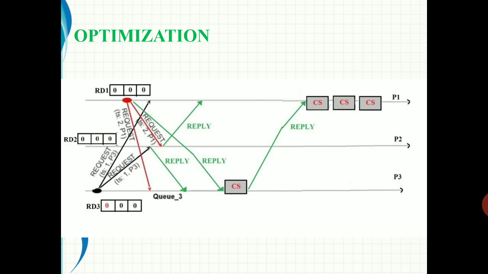So Ricart and Carvalho optimized the Ricart-Agrawala algorithm by observing that once a site Si has received a reply message from a site Sj, the authorization implicit in this message remains valid until Si sends a reply message to Sj.